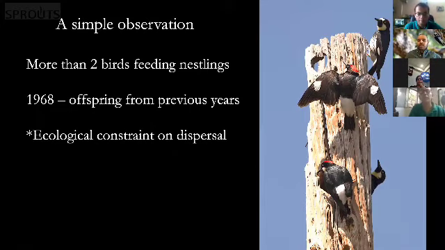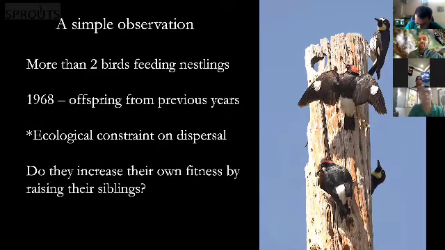And so in tigers, for example, kids, when they reach about 2.5 years old, they disperse to start their own territory. But here, helpers don't disperse, and the hypothesis was that there was some ecological constraint that they couldn't disperse, and instead of having their own kids, they were helping raise siblings which have the same relatedness to them. So they are increasing their own fitness by raising siblings instead of having their own kids.